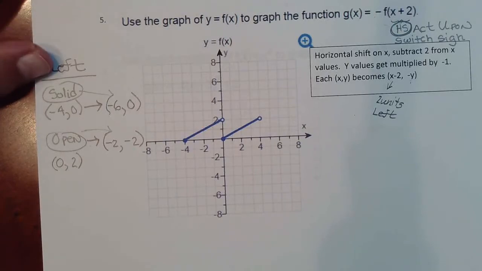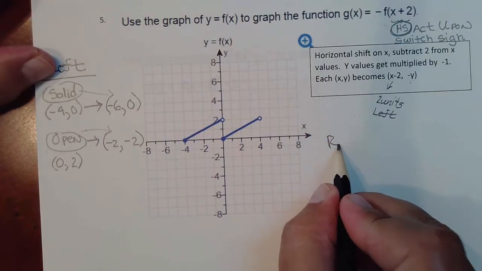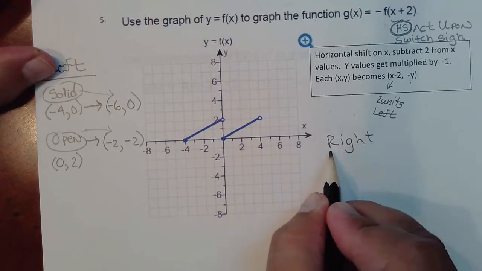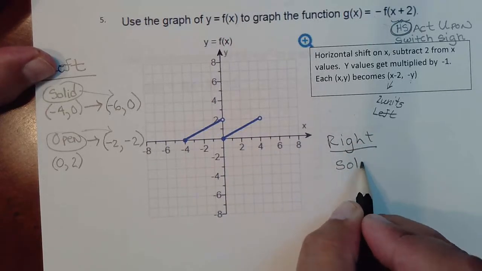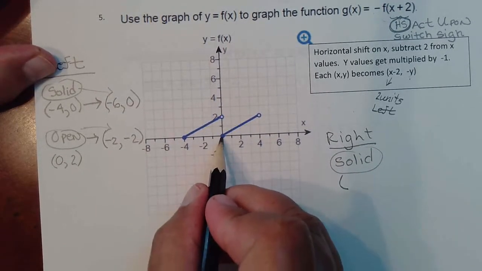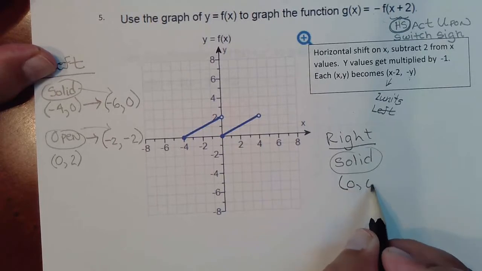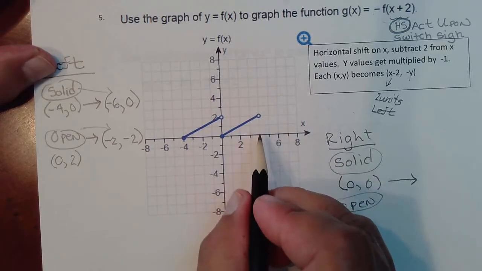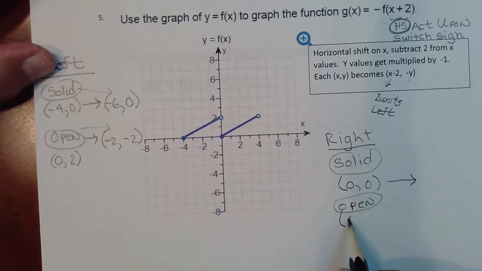Then I'll also do my rightmost piece, which is this one right here, which also has a solid endpoint and an open endpoint. Let's do the solid one first. Those go with 0, 0. And the open endpoint is 4, 2.